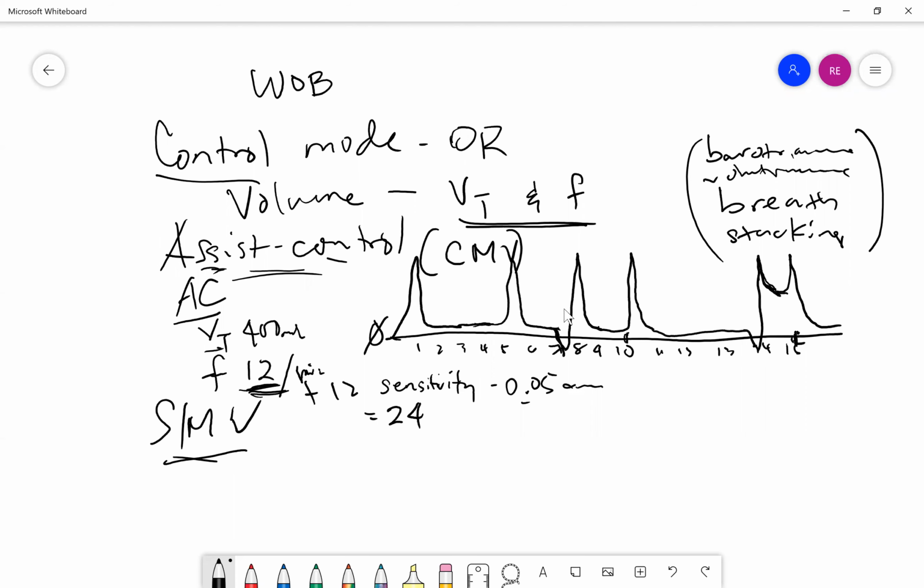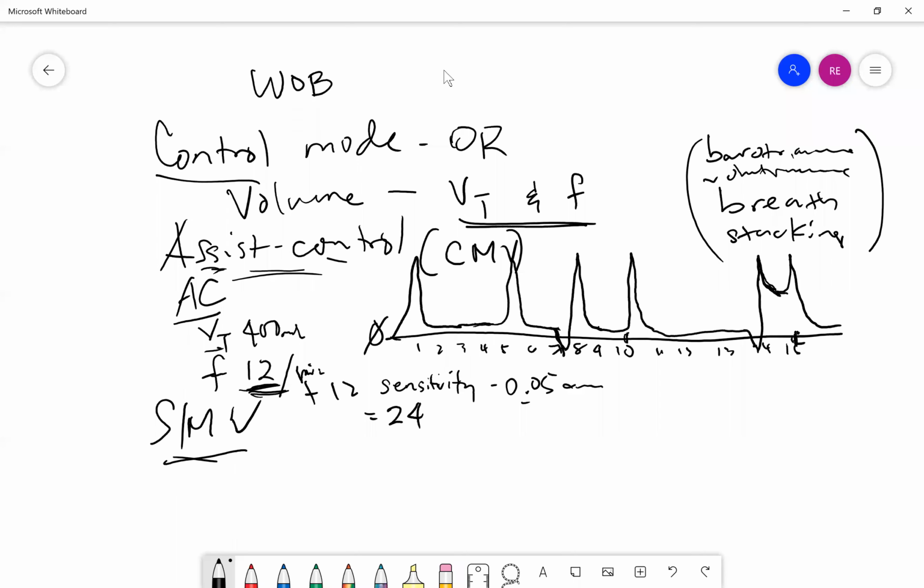This is very uncomfortable. Imagine this feeling right here. So the patient might start fighting with the ventilator if that happens. It doesn't happen all the time, but it does happen. So just monitor your patient. It's just an unfortunate event that occurred.